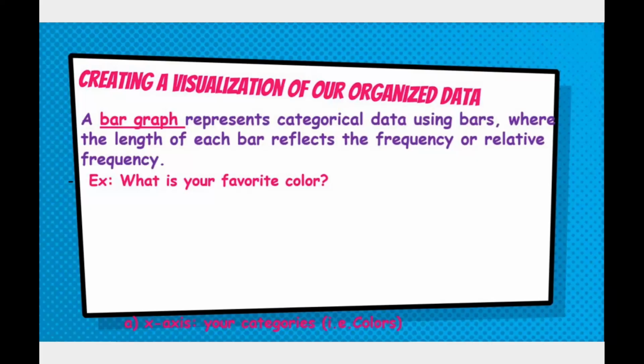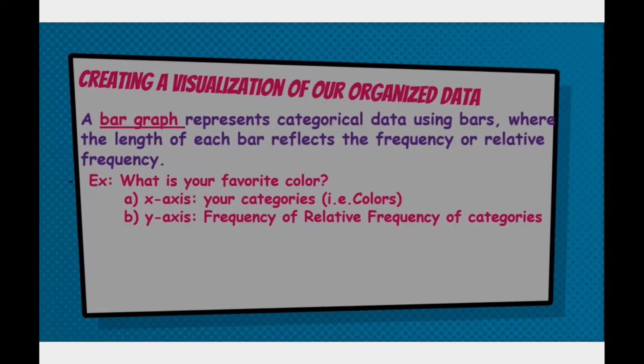If I use my same example that I've been doing, what is your favorite color? I'm going to let my x-axis on a bar graph always be the variable that I'm talking about, and my y-axis is going to be my frequency, how many of each type of those variables I have. We need to make sure that we label these as we go.